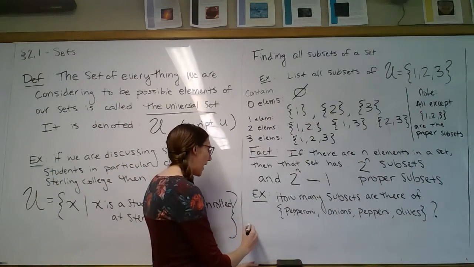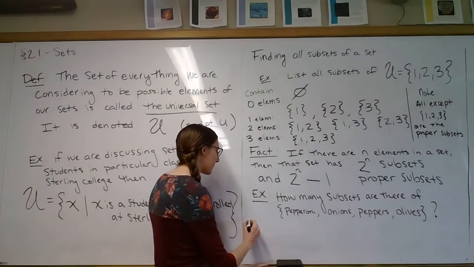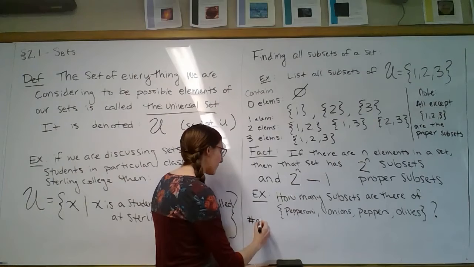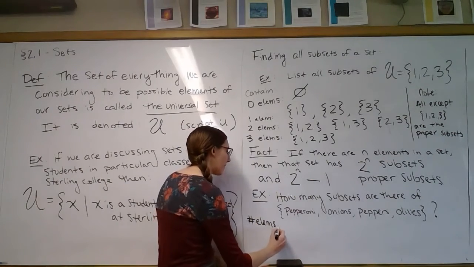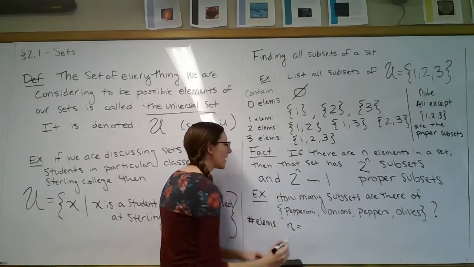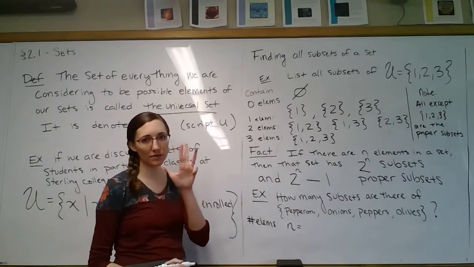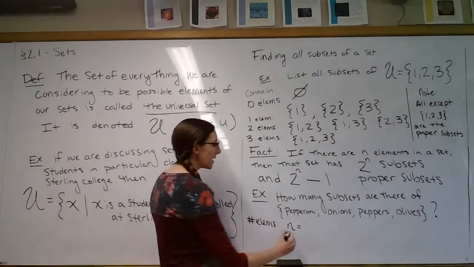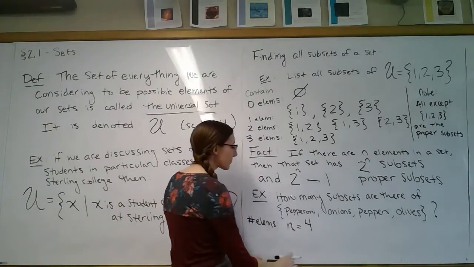So there are how many elements? If we count them, there's pepperoni, onions, peppers, olives, there's 4. So n here is 4.